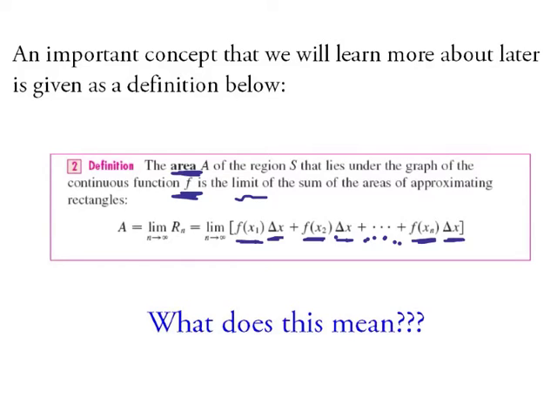So on the previous page, you saw 10 rectangles, 30 rectangles, 50 rectangles. So this would go up to, in the last one, say 50, right? But instead of actually stopping at a number, we're just going to take the limit. We're going to leave that last thing n, and we're going to take the limit of this as n approaches infinity, and then you could see how that would give us the exact area. The area of an infinite number of rectangles is going to give us an exact area.